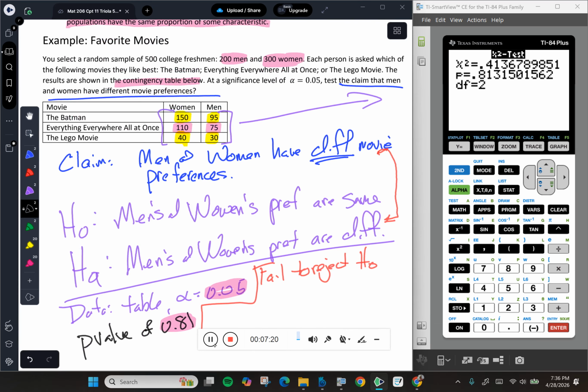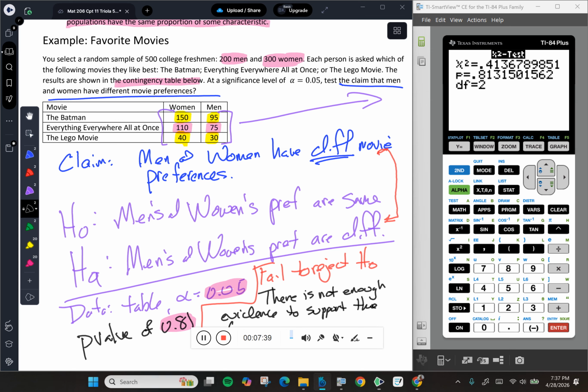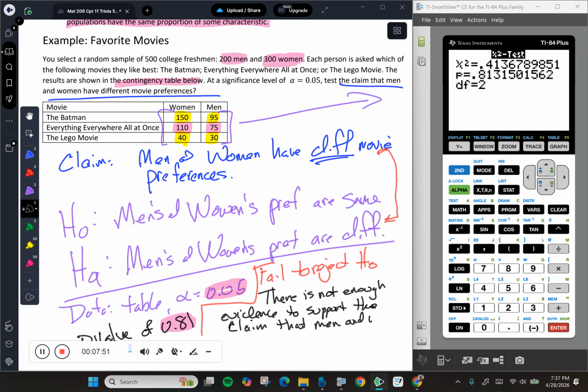Well, that means that there is not enough evidence to support the claim that men and women have different preferences.